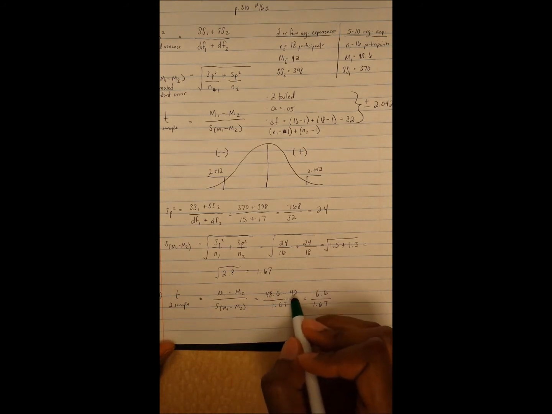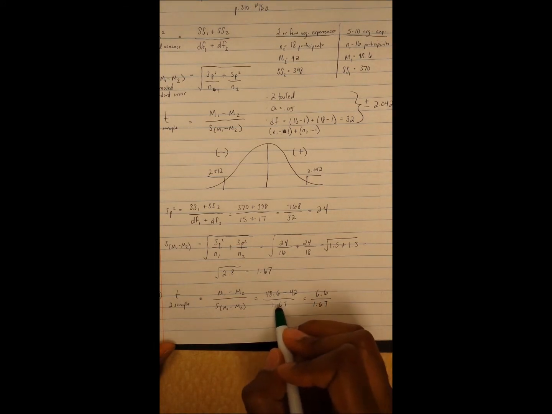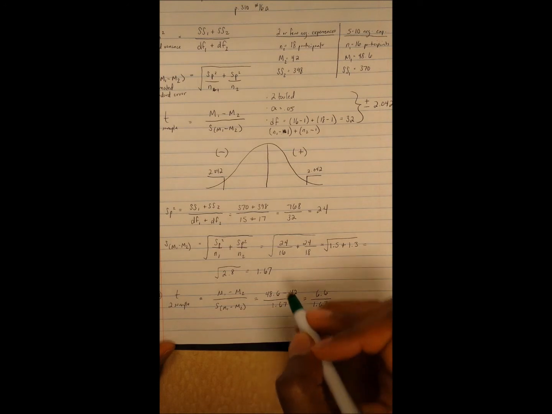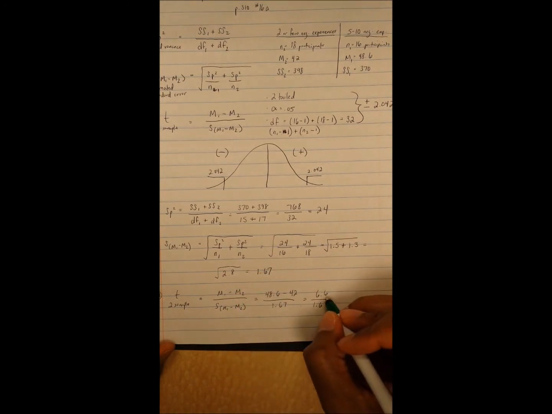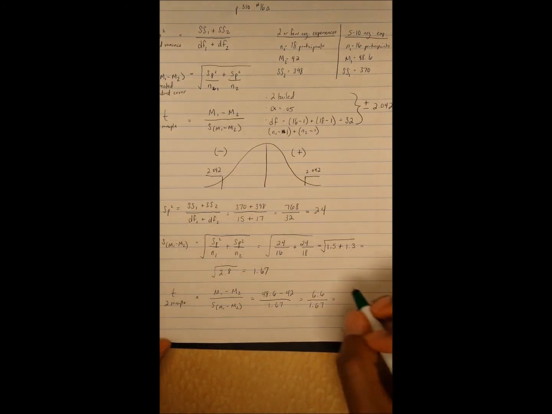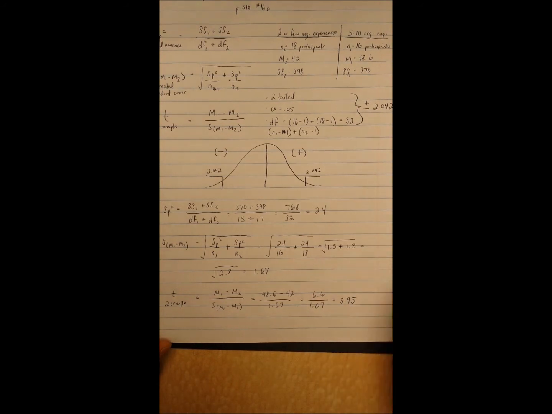Okay, so what did I do? I just took 42 from 48.6. That's how I got 6.6. And I dragged that 1.67 over, which I got from the previous step, that estimated standard error. So 6.6 divided by 1.67 will give you 3.95.